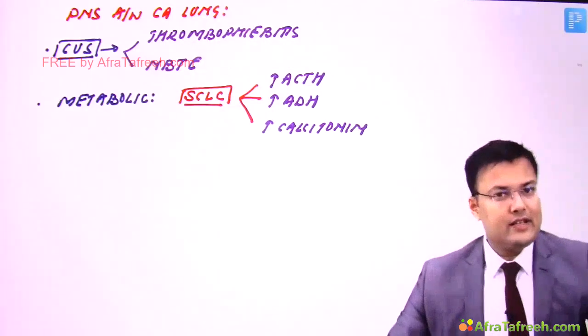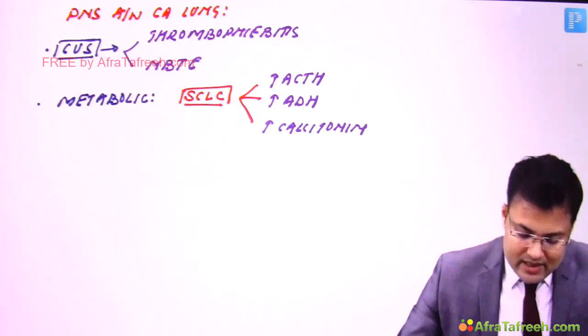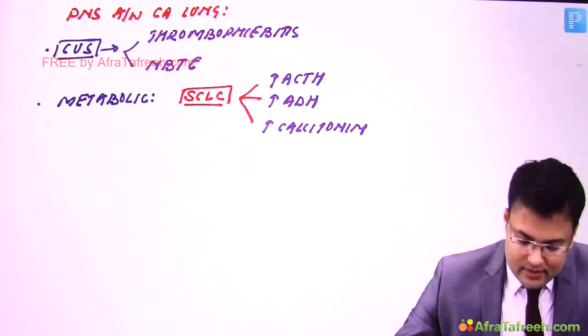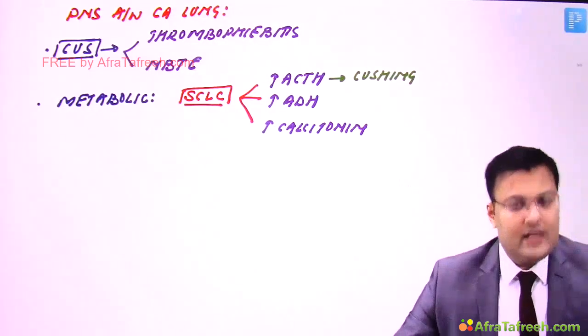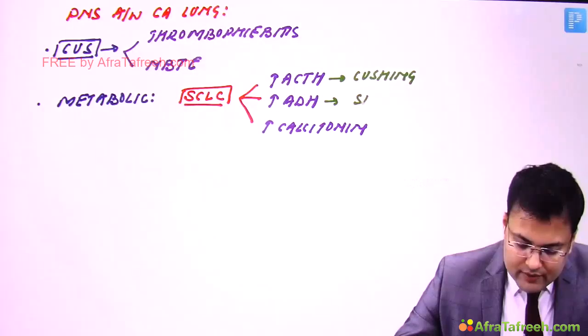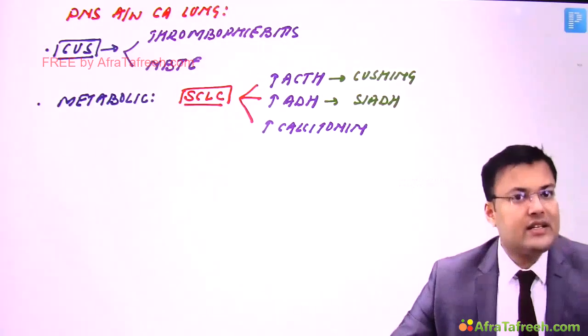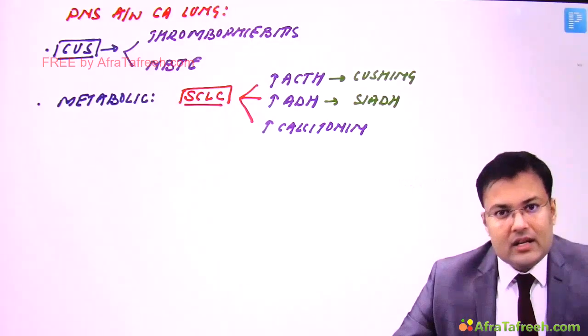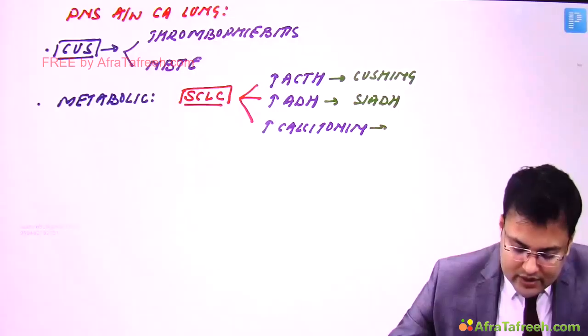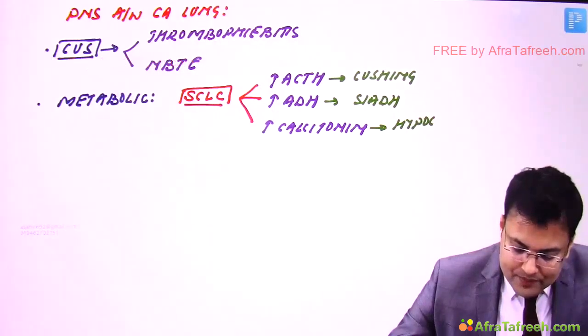Clear? So if there is increased secretion of ACTH, it can lead to Cushing. If there is increased secretion of ADH, it can lead to syndrome of inappropriate ADH secretion. And if there is increased secretion of calcitonin, it can cause hypocalcemia.